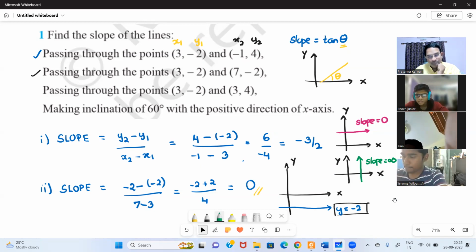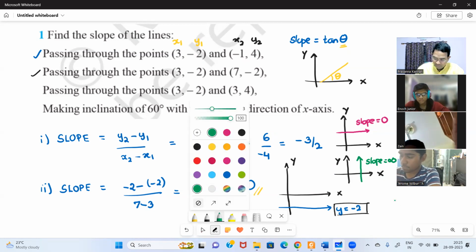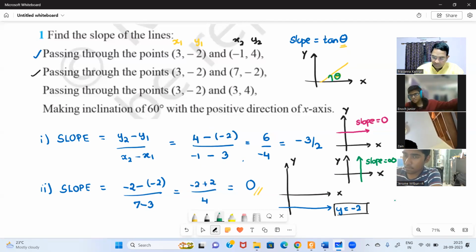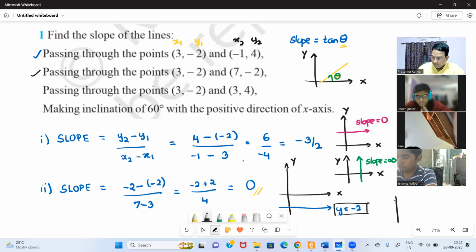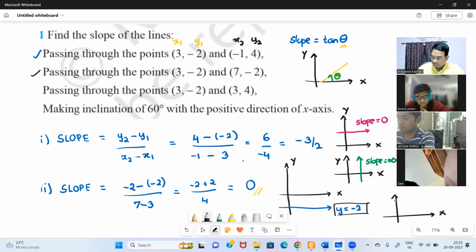So tan theta is always taken with respect to the positive x-axis. Yes, always positive x-axis. What if the line is on the other side? See here. Let's say I have a line here, right? This is the angle theta taken.